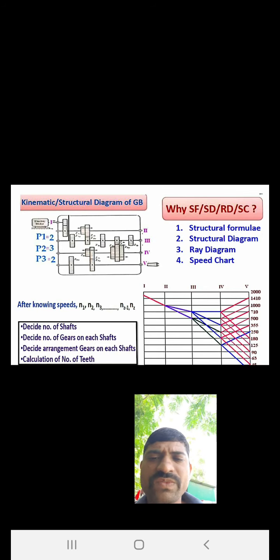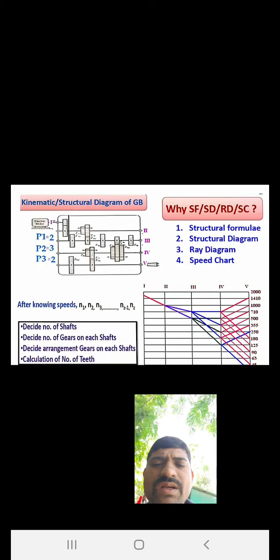After that line, you will get 2 pairs between the first and second shaft. There is only one here. After that, between the second and third shaft, P2 is equal to 3, so you will get 3 pairs, and the last P3 is equal to 2, which means you will get 2 pairs.